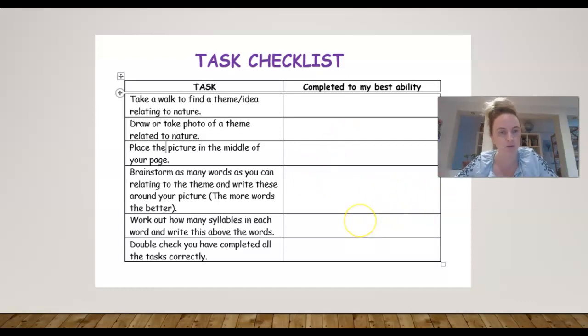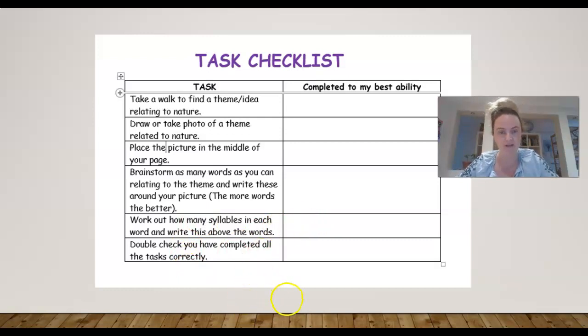Once you have put your picture in the middle of your page, then you need to brainstorm as many words as you can relating to the theme and write these words around your picture. Okay, we are wanting beautiful presentation. We want your best work, as if we were going to be putting it in the corridors at school. Then you need to work out the syllables, so the beats in each word.